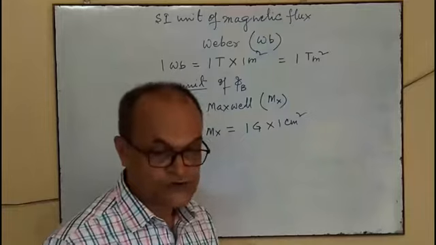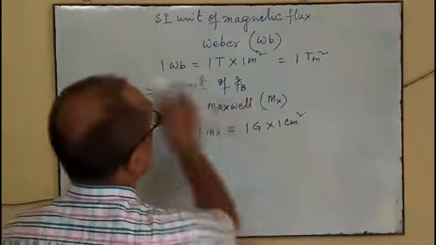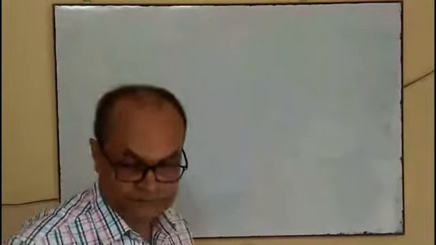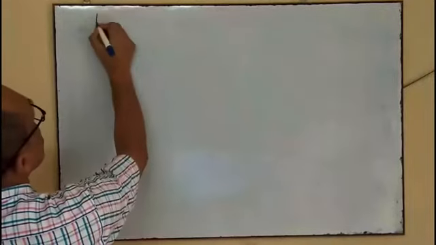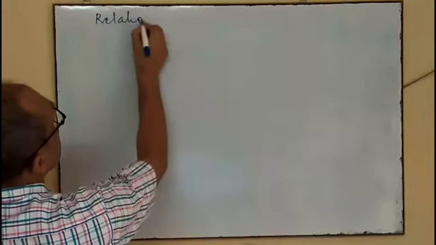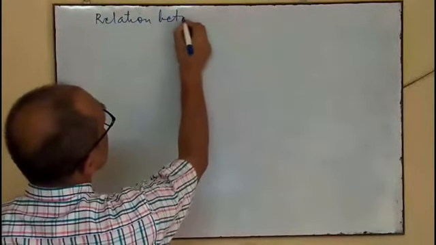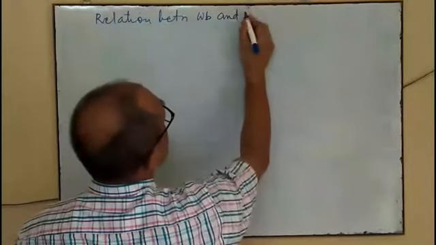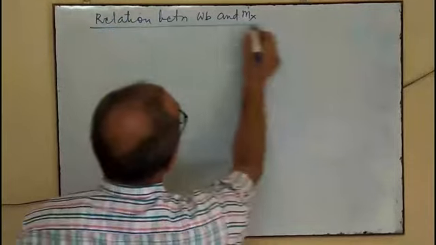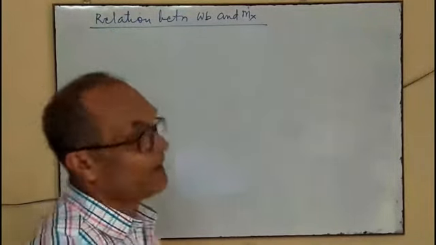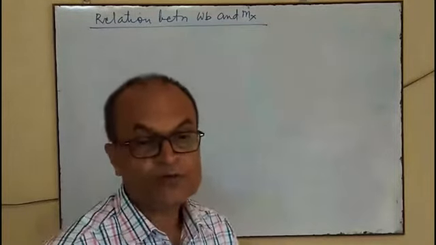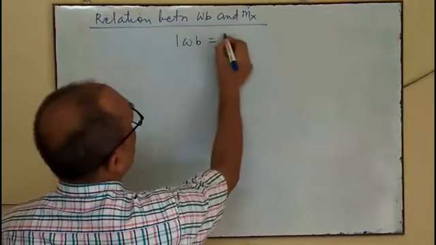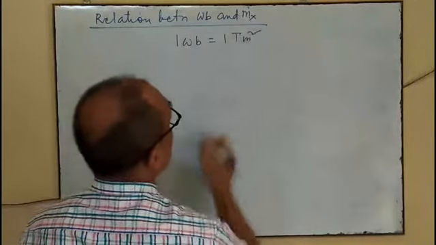Now we are going to say what the relation is between Weber and Maxwell. We know very well 1 Weber equals 1 Tesla meter square.